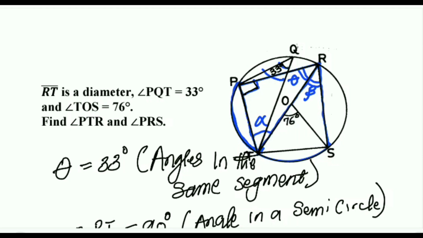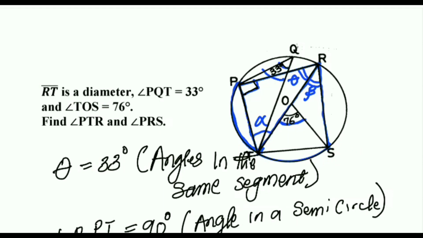Look at this angle here, 76 degrees. It has the same root as beta, T and S, and they also share the same arc. That brings me to the theorem that says the angle at the center is twice the angle on the circumference. For this theorem, you need an angle at the center and an angle on the circumference, and the two of them have the same arc that subtends them. That's when you can apply this theorem.